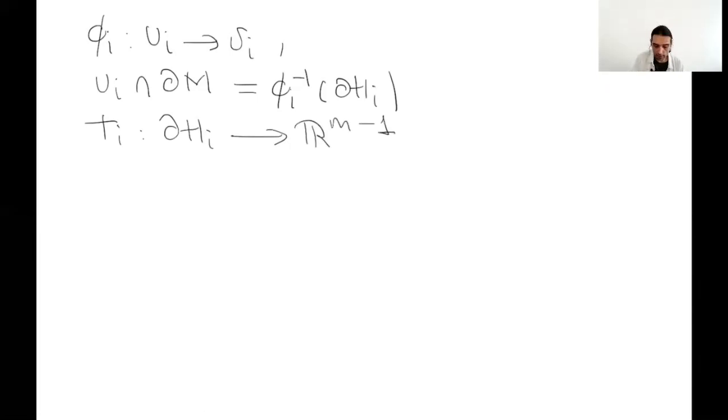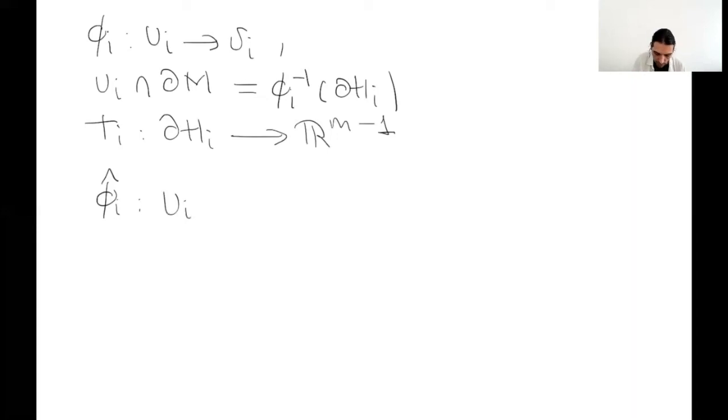So what we need is building now a local chart, which is of course going to be a local chart for the boundary of M. We are trying to see that the boundary of M is indeed a manifold. It's going to be a manifold without boundary. So we have to build the local charts for such manifold. So the domain is obviously going to be contained in U sub i.